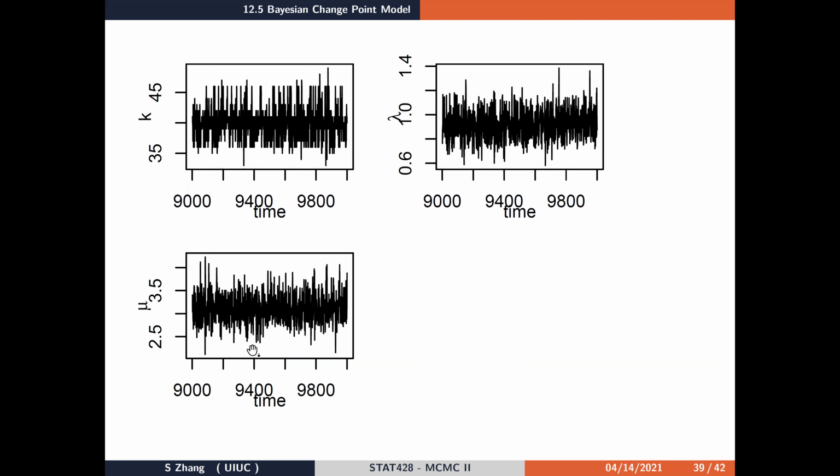The three plots are the plots for the chain of k, which is the change point, lambda, the pre-change Poisson mean, and mu, the post-change Poisson mean. And you can see that it appears all of them have stabilized.